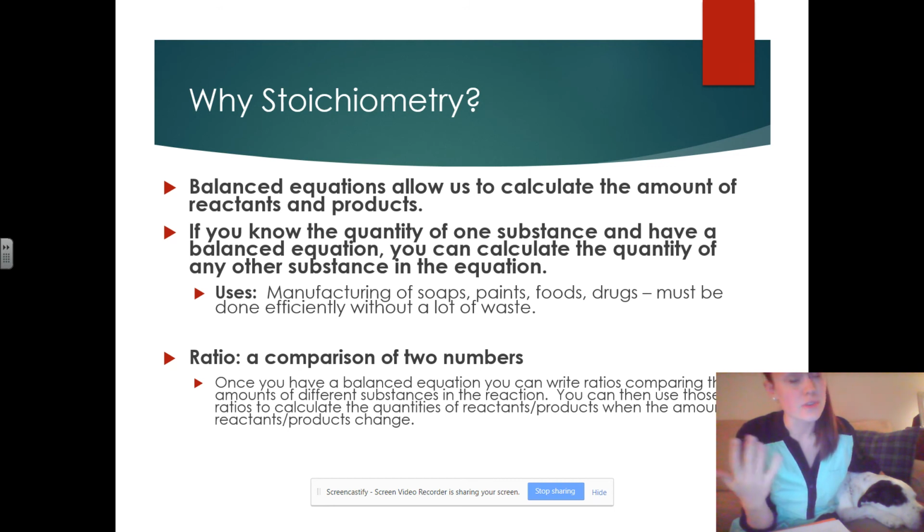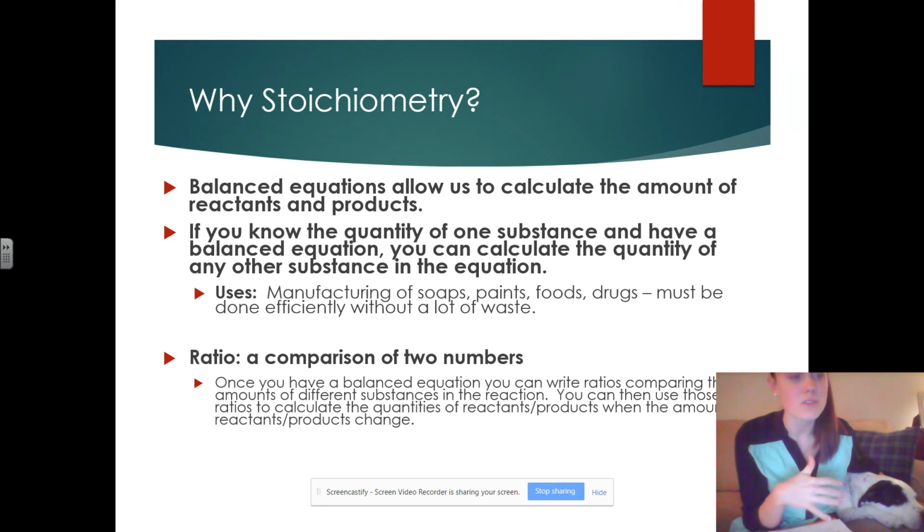It's also used for efficiency purposes in a lot of different professions to be sure that you're only using how much you really need of a certain reactant, that you're not overusing or that you're not using excess of certain things, okay?